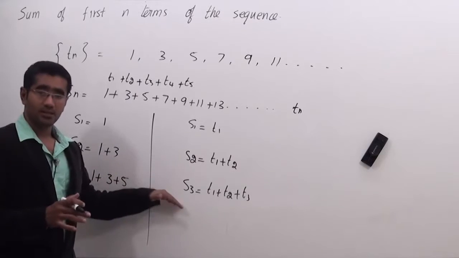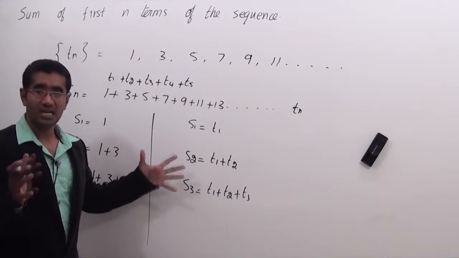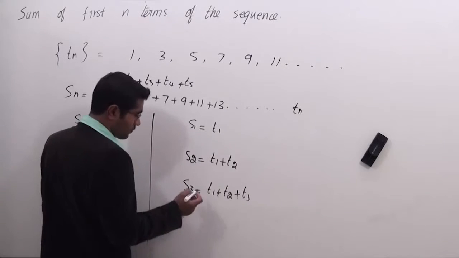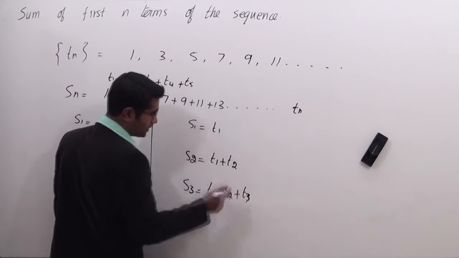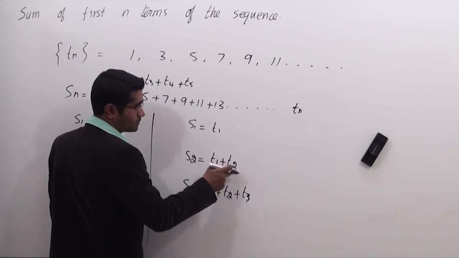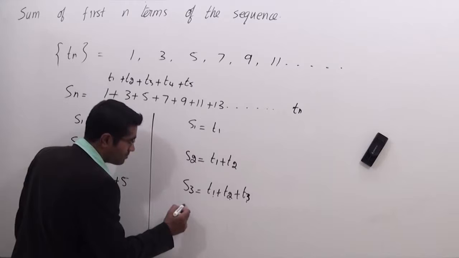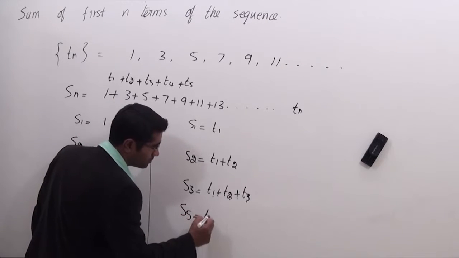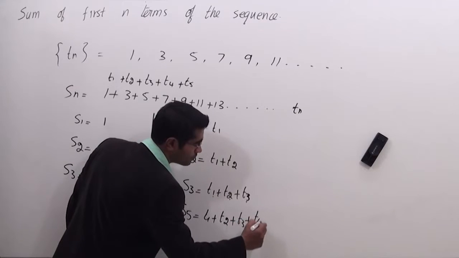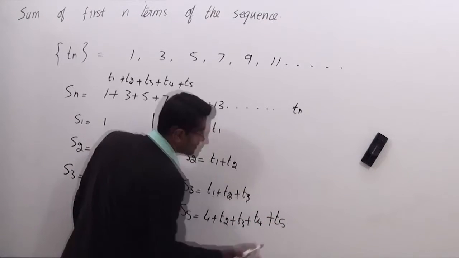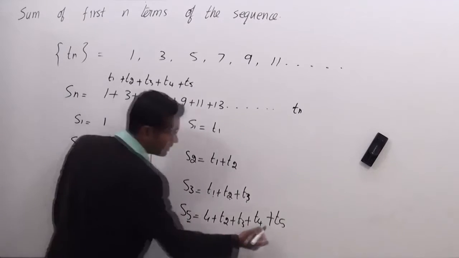Now, look at this pattern, because here is where we have general terms, right? In this pattern, when you have S3 here, you have 1, 2, 3. The last number here is 3. When you have S2 here, you have 1 and 2. It means you're basically adding 2 terms. What do you mean by S5 then? It is like T1 plus T2 plus T3 plus T4 plus T5. It means the number here is 5, the number here is 5.